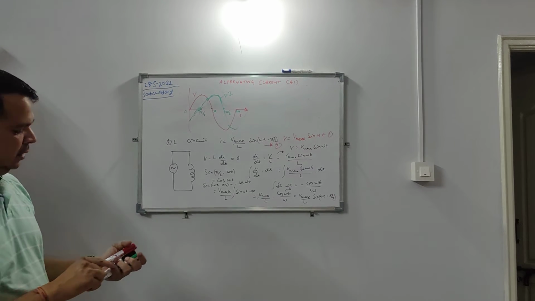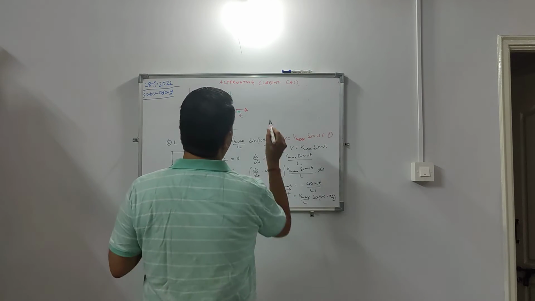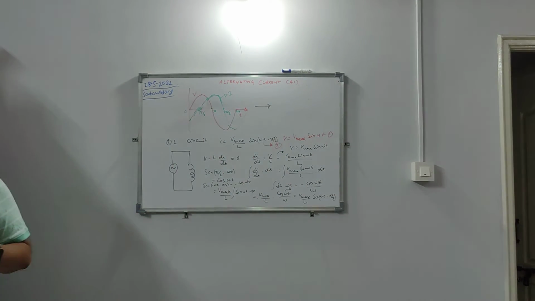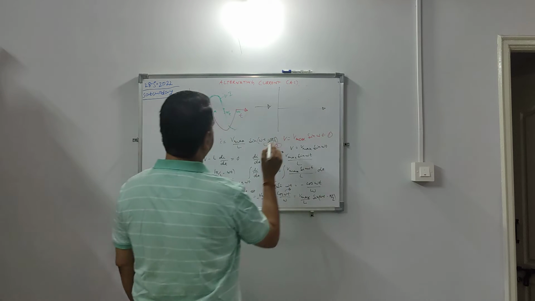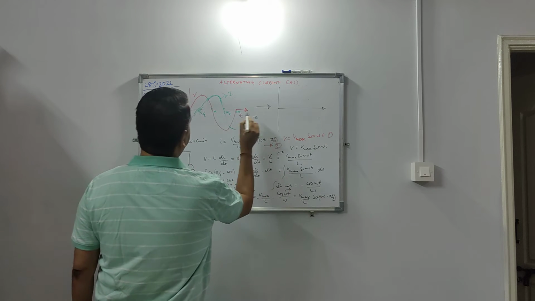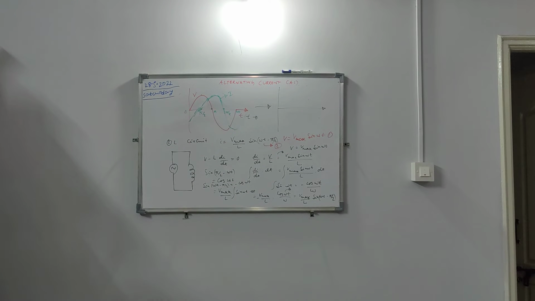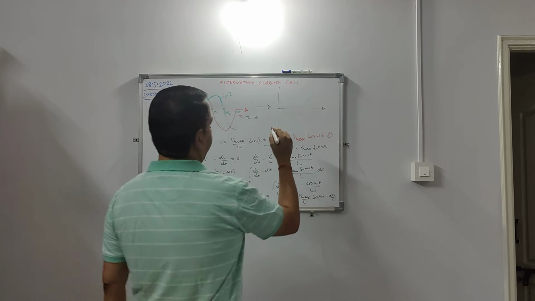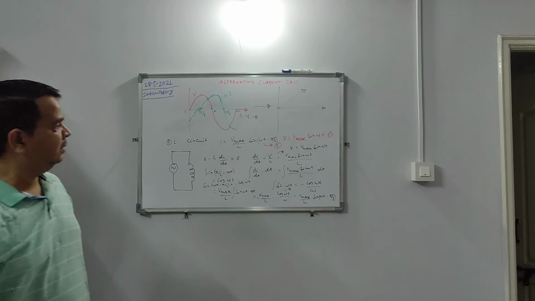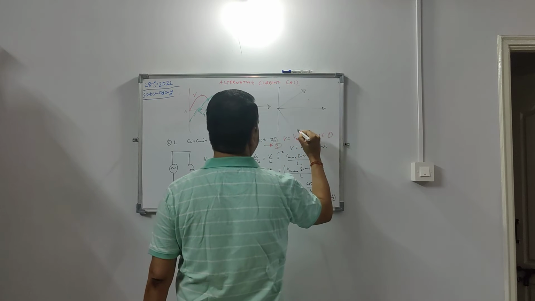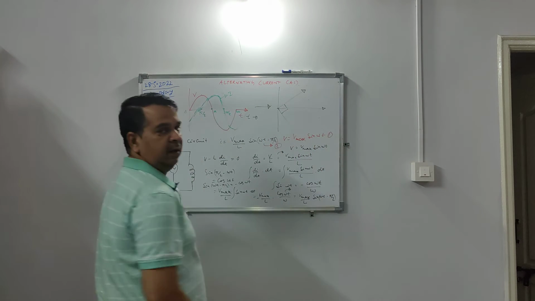So if we see the corresponding vector diagram, or we call it the phasor diagram, let me draw it like this. Let us say this is time versus voltage and current. So if this is my voltage in the phasor diagram, my current is lagging by pi by 2.